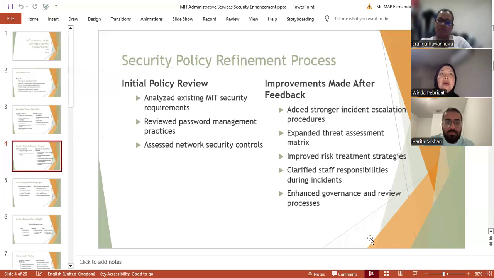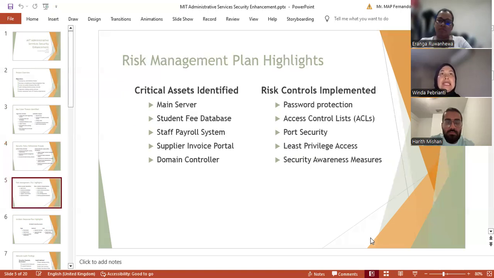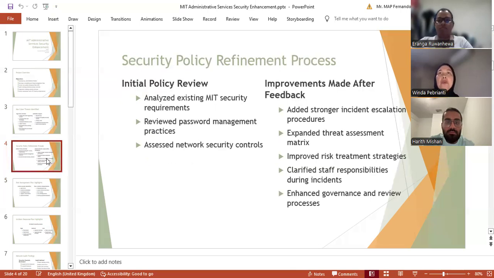And then the next slide, we talk about improvements after feedback. After receiving feedback, we made several important improvements to our project. We improved the incident reporting and escalation process so the security issues can be reported and handled more quickly.